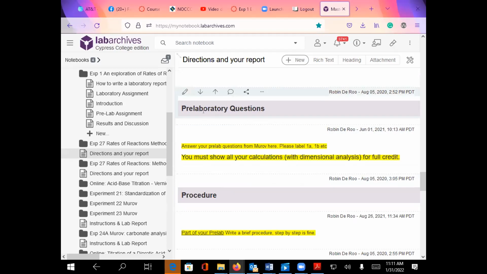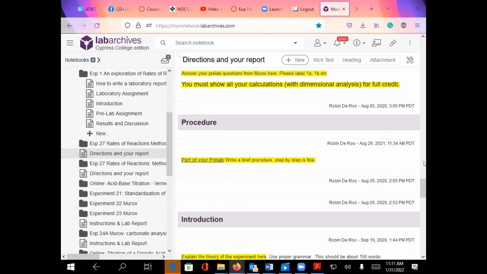So yeah, formal laboratory report has pre-lab questions. They're in your manual. See, it says answer your pre-lab questions from your manual. So technically, this is supposed to be done before you go to class. Procedure, step by step. You have to look in your manual. So this is technically from your manual.